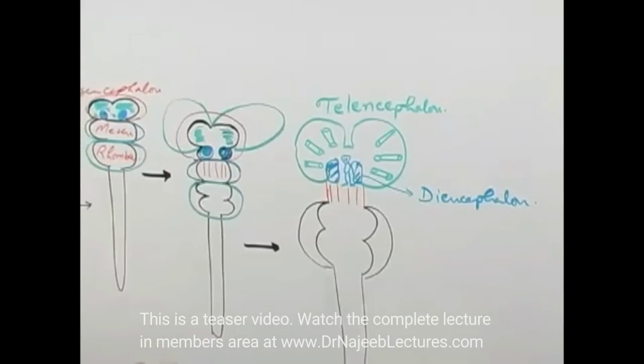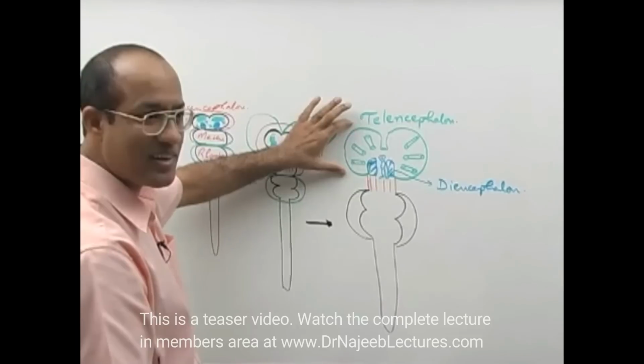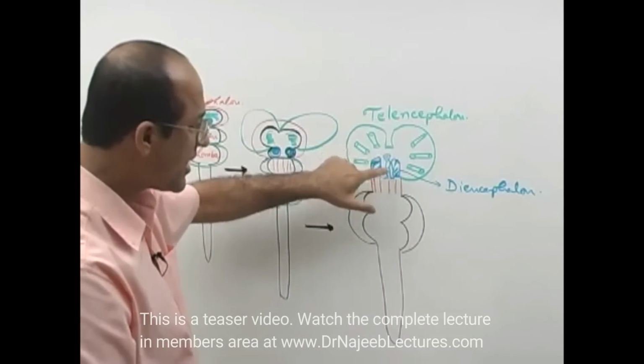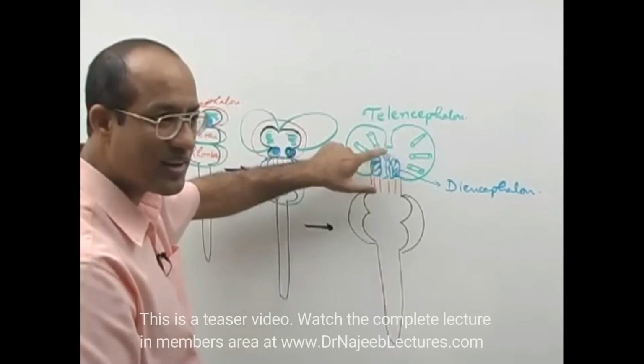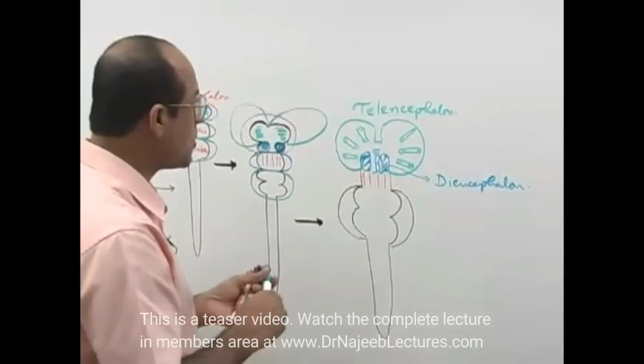So what is happening is that when your forebrain is developing, the telencephalon is outside, and in the center is Diana. What is Diana? The diencephalon.